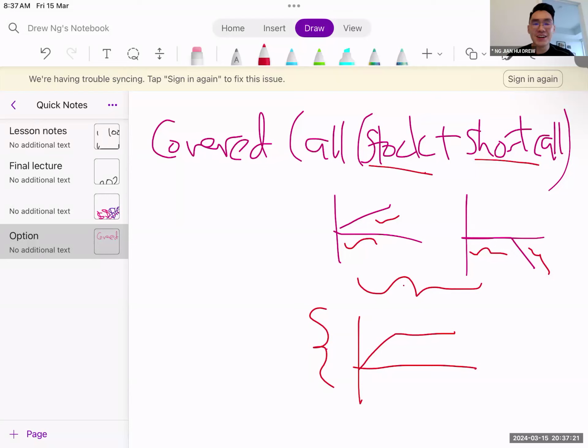Now, question. Maybe those that have taken your other modules that have covered options, you might know this answer, so hopefully you can answer. The question is, why will you do a covered call position?